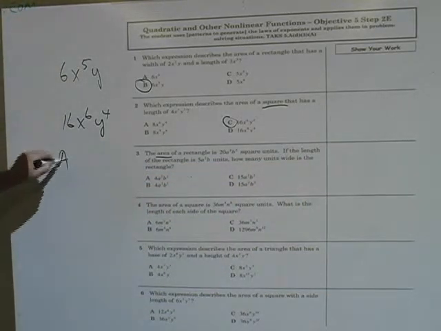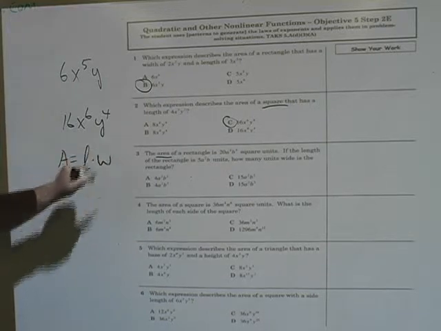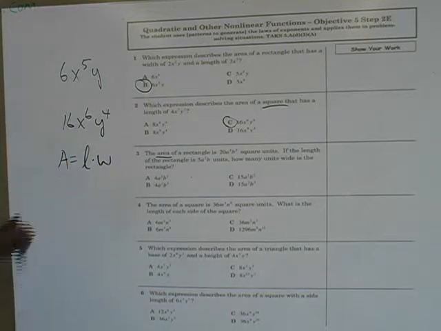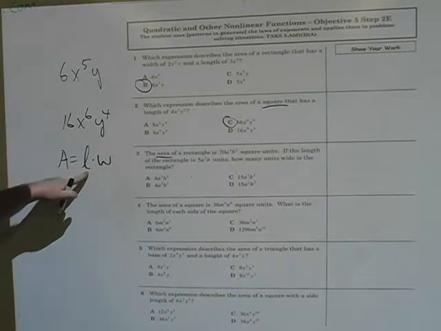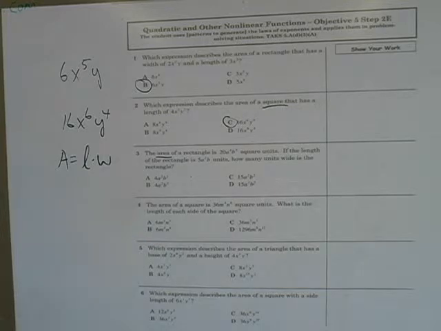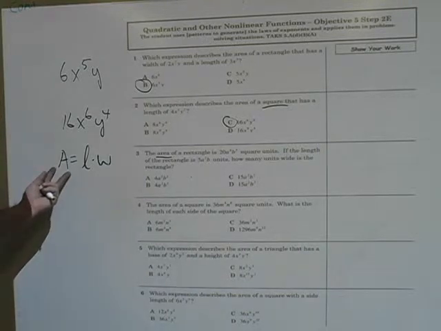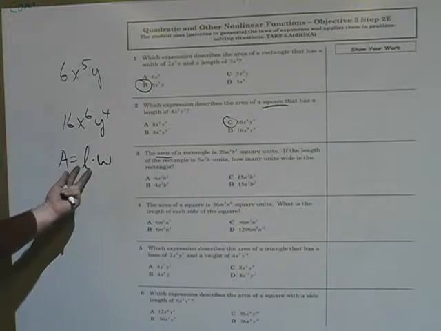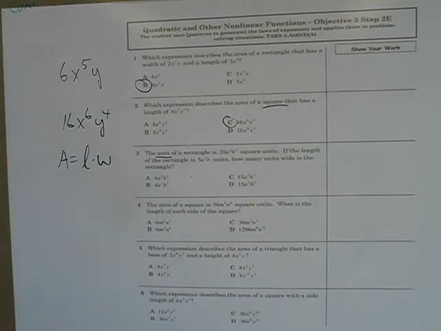So let's go back to our formula for a rectangle. Now they're giving us this, and they're giving us this, and we need to find this. So now instead of multiplying, we're going to do the reverse of multiplying. We're going to divide. We're going to take the area, divide it by length to get the width.